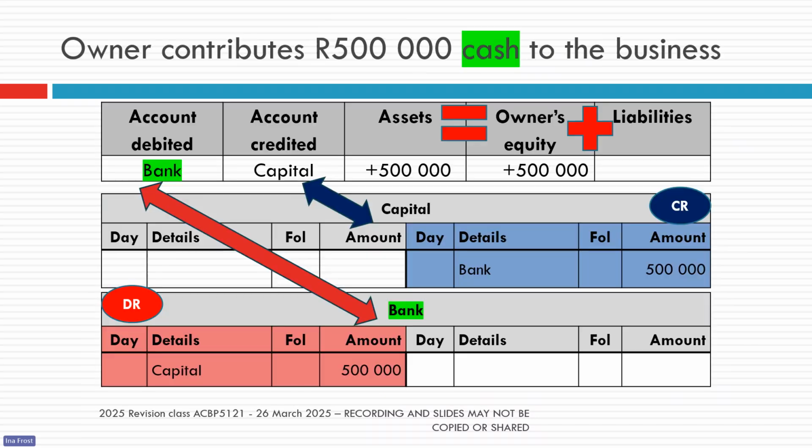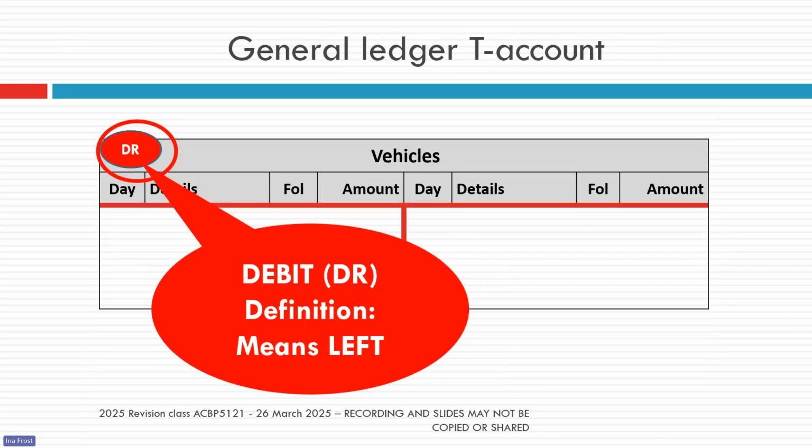Let's just take one step back now again. Let's just make sure we all understand what do we mean by debit and credit? What do I exactly mean by that? Remember, where we talk debit and credit, we're talking about your general ledger accounts. So those individual accounts in the general ledger. And remember, there will be an account for every major group of transactions.